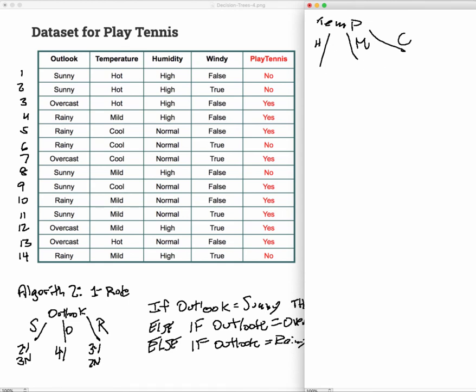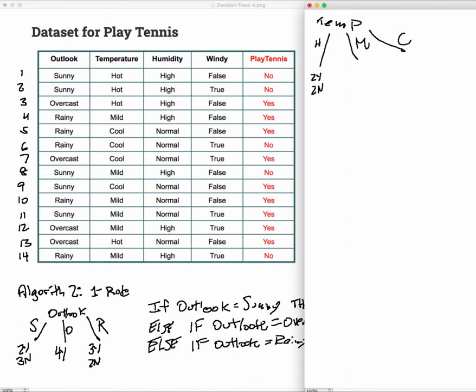And when it's hot, let's see, I've got 1 no, 2 no, 3 yes. So this is 2 to 1 for hot, and this is 2 to 2 for hot. So I got 2 yeses and 2 no's. For mild, I got a yes, a no, so that's 1 to 1.